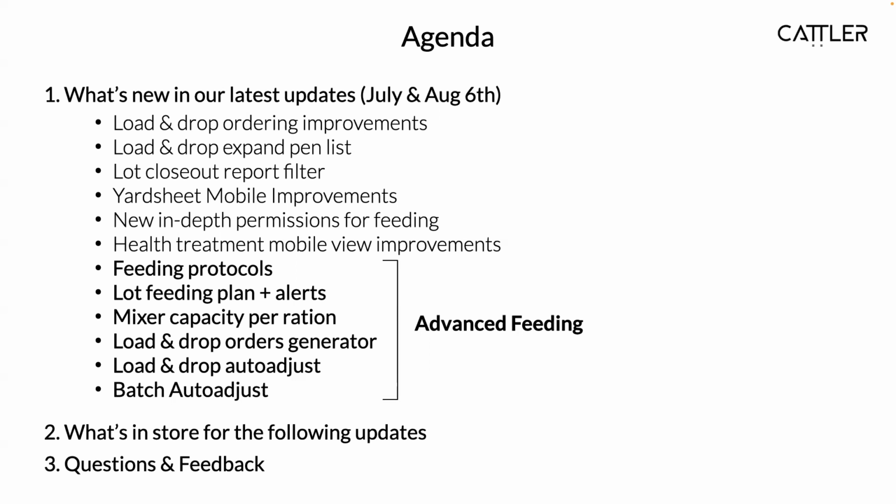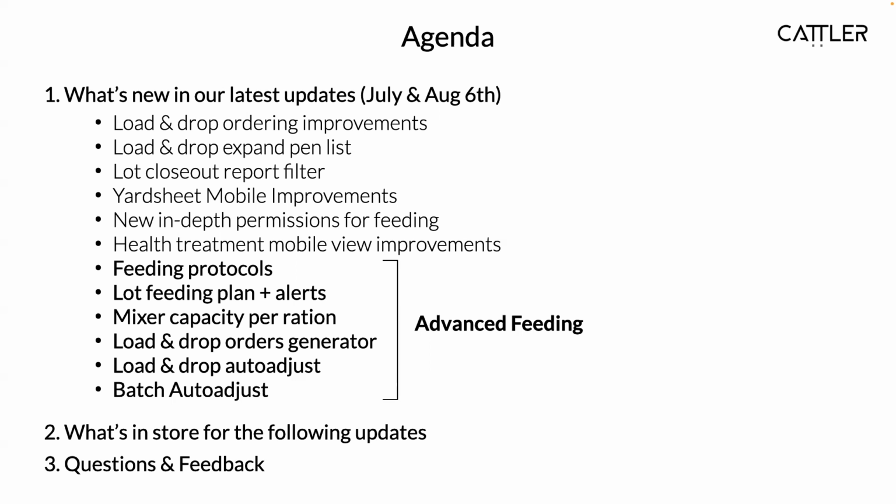So basically, this is just equalizing the design of the mobile yard sheet and making it similar to the tablet and the web version.